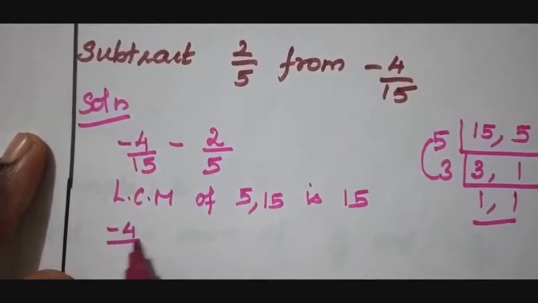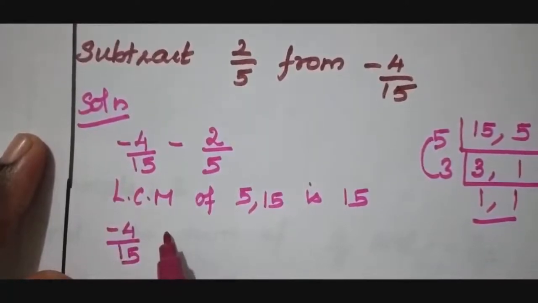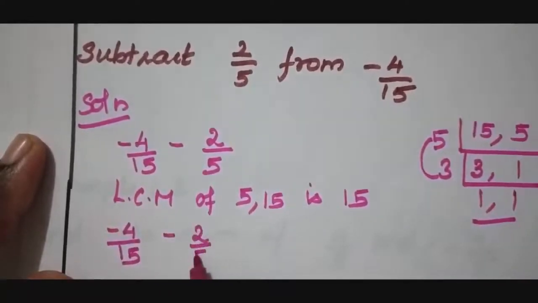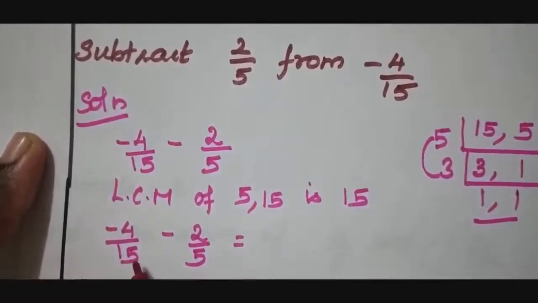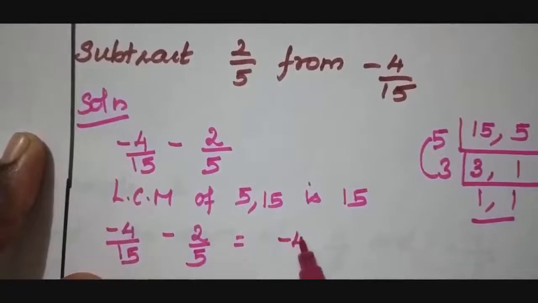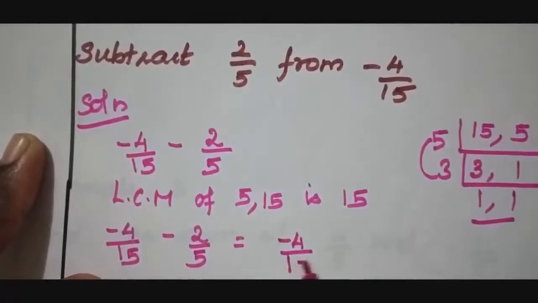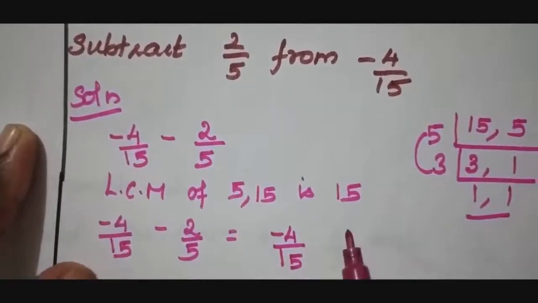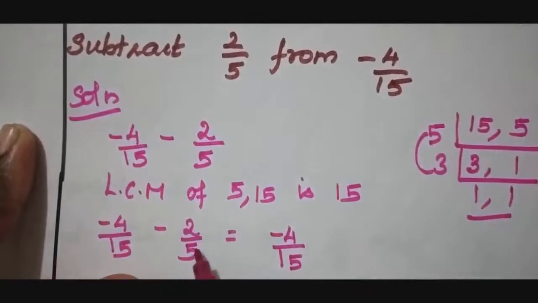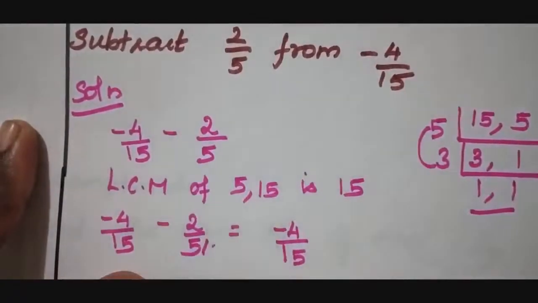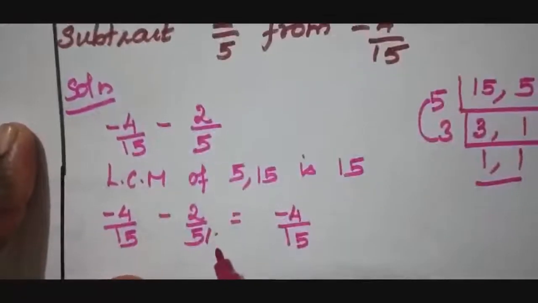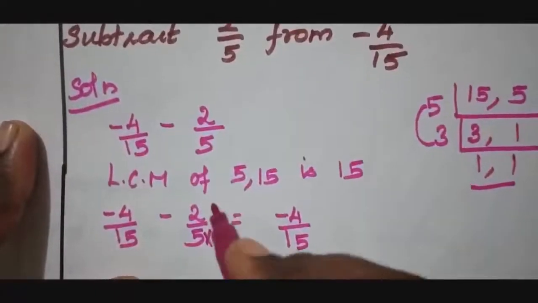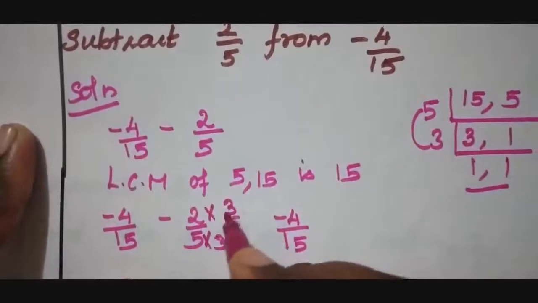Minus 4 by 15 minus 2 by 5, which is equal to minus 4 by 15. You can write it as such because already the denominator is 15 here. Now here you want to change this denominator. When we multiply this 5 by 3, you get the denominator as 15.